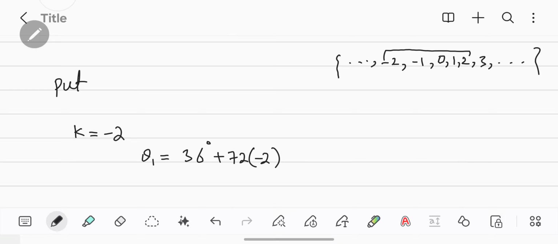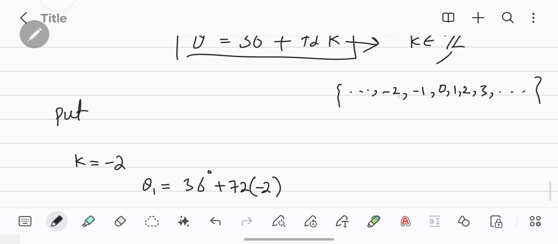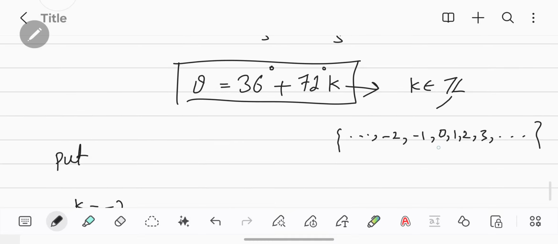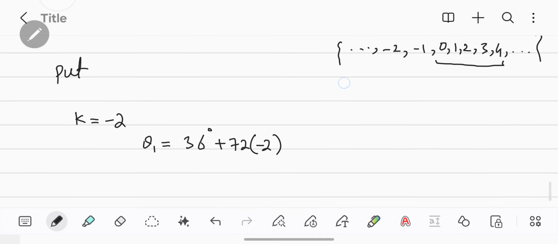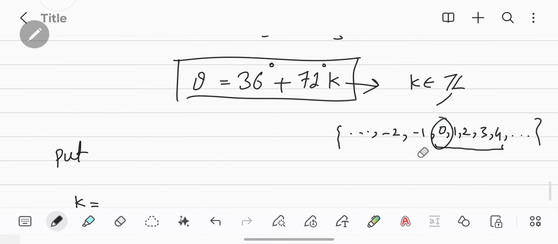If you plug -2 here, you'll see that this angle becomes negative, so try to make it positive. So shift everything here: 0, 1, 2, 3, 4 and so on. So try these 5 numbers, so that your angle becomes positive. So your first value of k is 0.